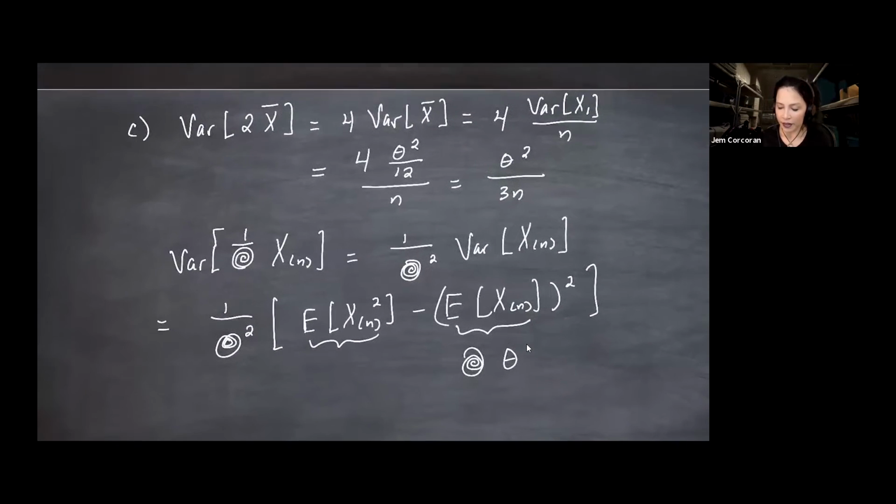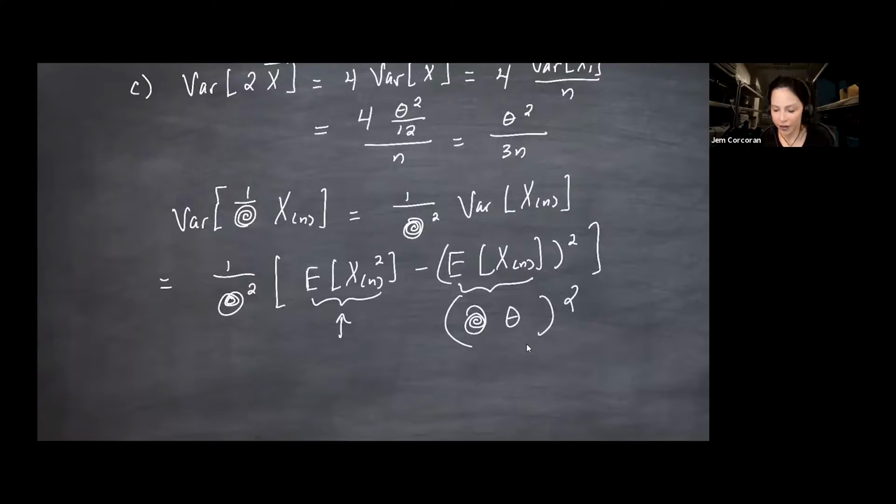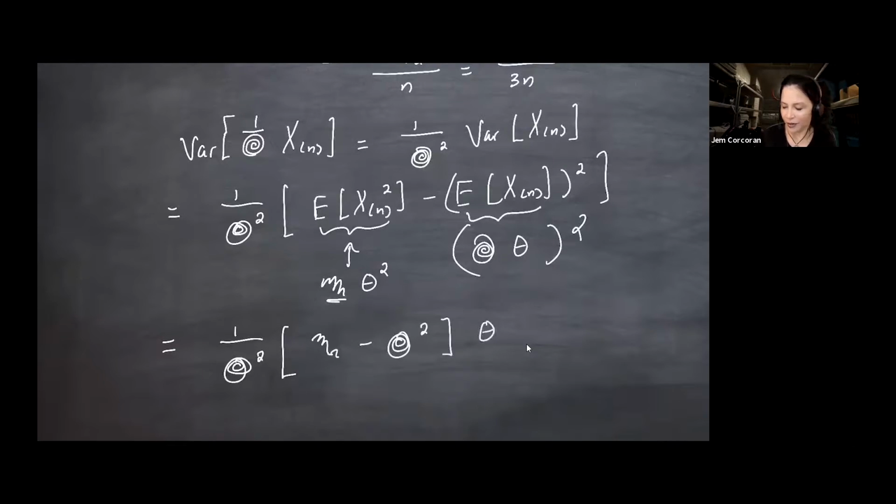So this guy over here ends up squared. And this guy here should be something times theta squared. This is going to be another constant, times theta squared. And so if you put this all together, you get some constant minus this guy squared, times theta squared.